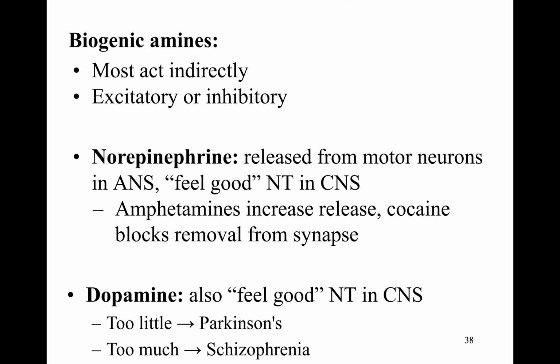So both amphetamines and cocaine create this feel-good high. Amphetamines increase the release of norepinephrine at a synapse, so there's more neurotransmitter. Cocaine blocks the removal of that neurotransmitter from the synapse.